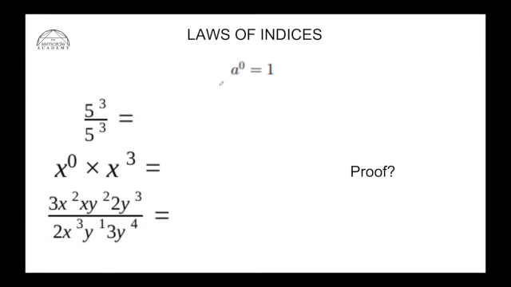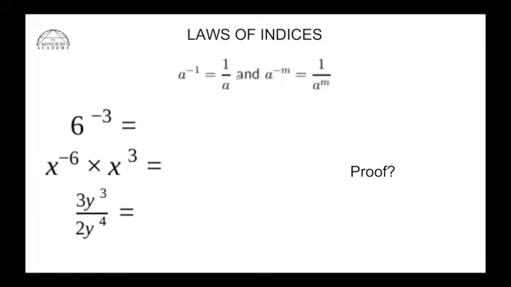Remember here we had anything to the power of 0 is 1. And I actually asked you to prove it in class. And you did. So in class we proved why anything to the power of 0 is equal to 1. Yeah? This is a really super important one, especially in CSEC.